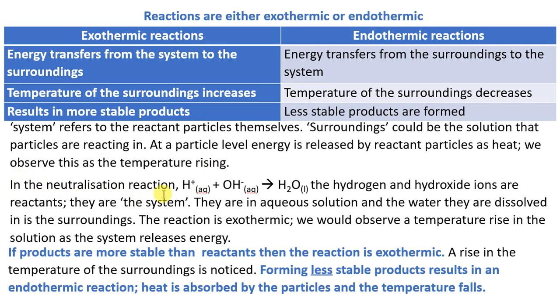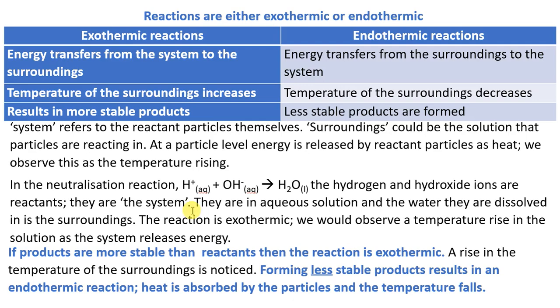Example, in the neutralization reaction, hydrogen ions reacting with OH- ions to make water. Bonds are being formed. Neutralization reactions are always exothermic. The hydrogen and hydroxide ions are reactants. They are the system.